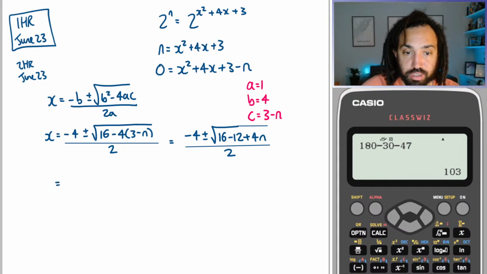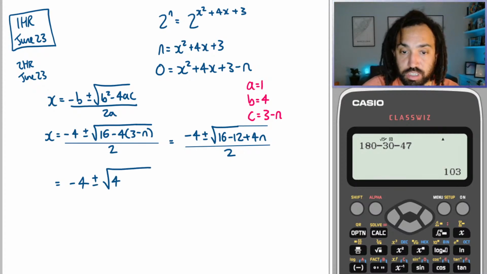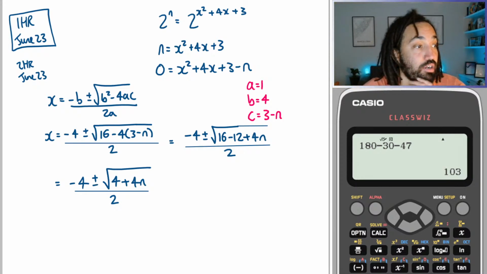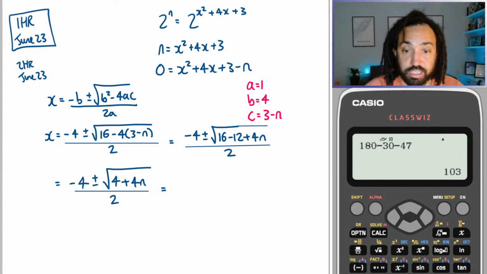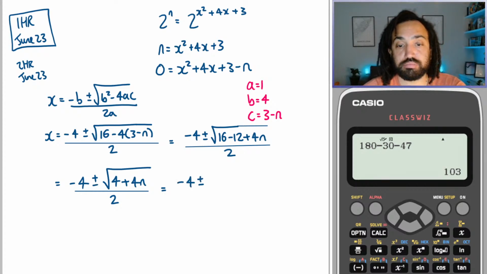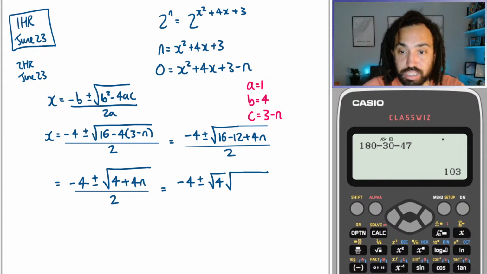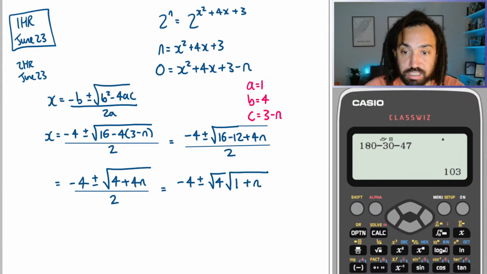Okay, minus 4 plus or minus the square root of 4, because that's 16 minus 12, plus 4n over 2. Right, now we're going to have to do a very sneaky trick to simplify this. Because what we could do is take out the square root of 4. And that will leave me just 1 plus n, like so.